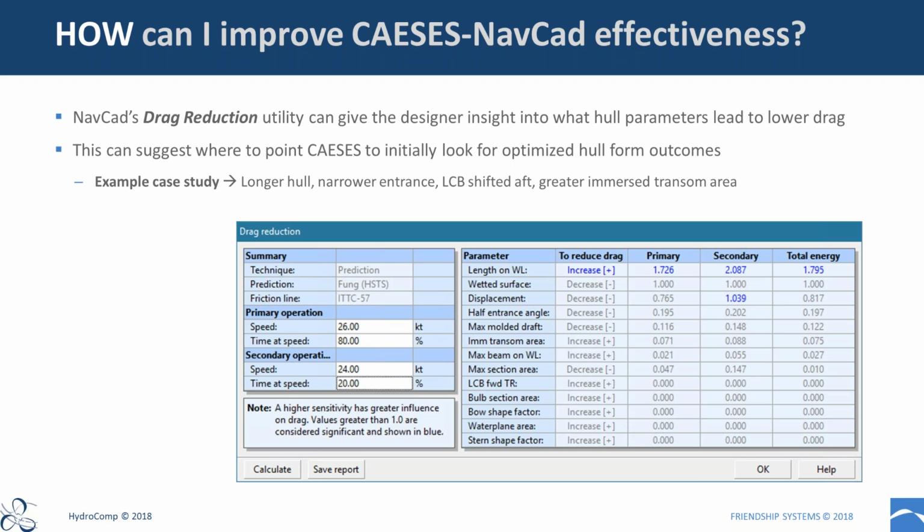These are things that we can then begin to use as initial guidance for how we want to set up our optimization in CAESES, to say, NavCad suggests we might look here, and so let CAESES begin to look in those domains, in those regimes first.